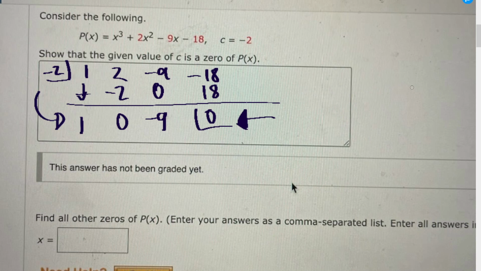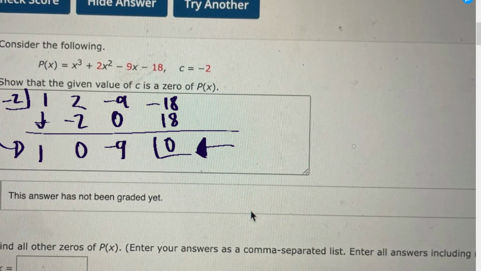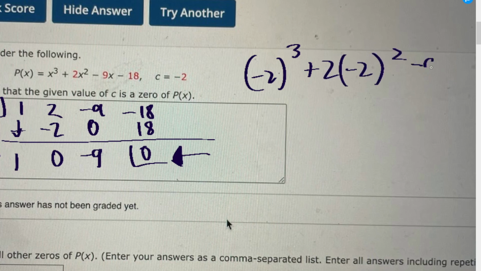Now, I know that you can't really plug that into that box, so there are a few alternatives you can try. First, you could try a visual representation of that, which is totally valid. Another way is to plug in -2 for your x: -2 cubed plus 2 times -2 squared minus 9 times -2 minus 18.